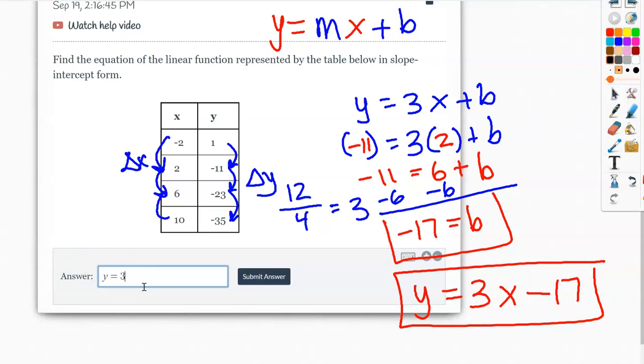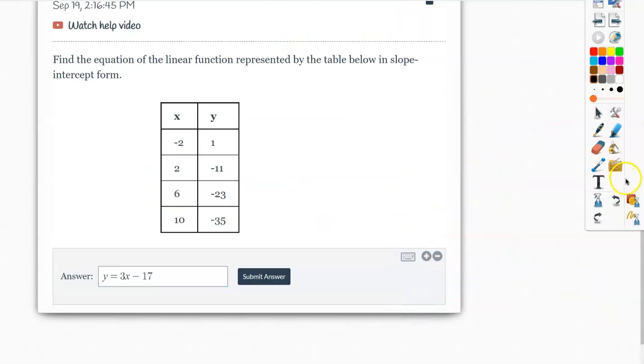All right, I'm going to show you one more because I know this topic is a bit challenging. So here comes our last question. Let's clear these annotations.